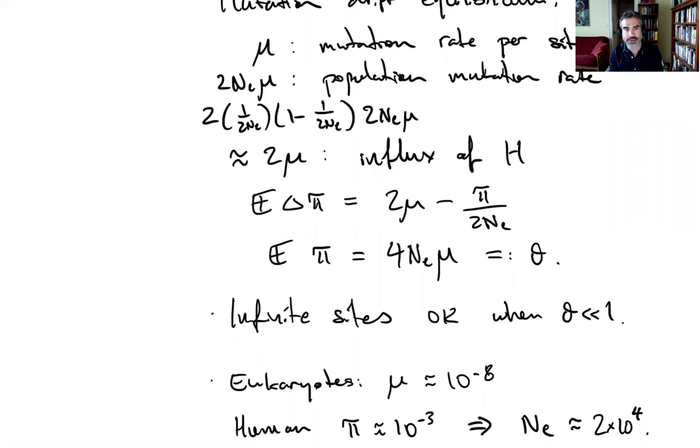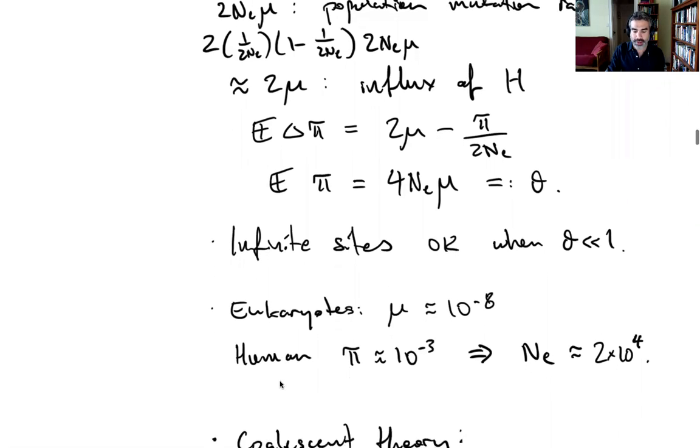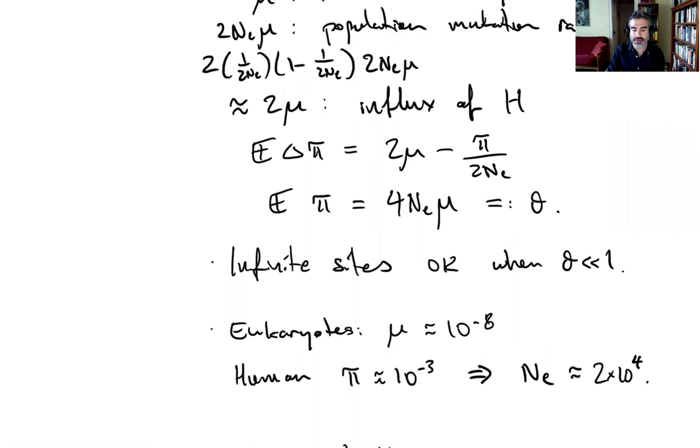That number 20,000 reflects our long-term history as a species, as opposed to our recent exponential growth, as effective population size tends to be dominated by the smaller sizes over time. It's a harmonic mean. So that's how that mutation-drift equilibrium works out.